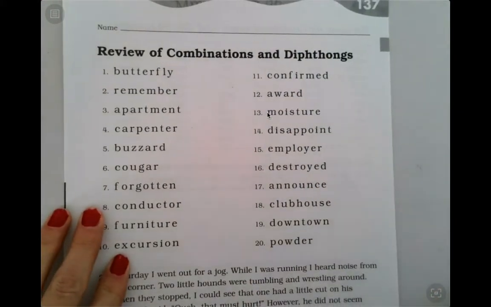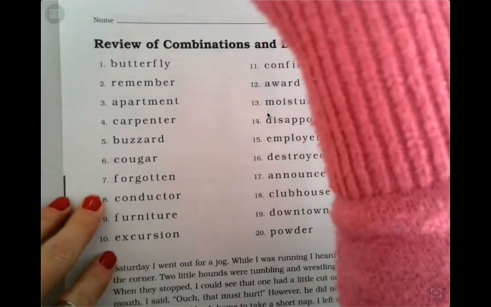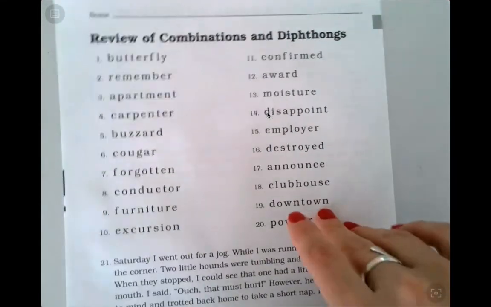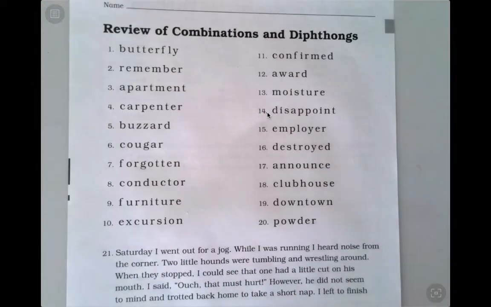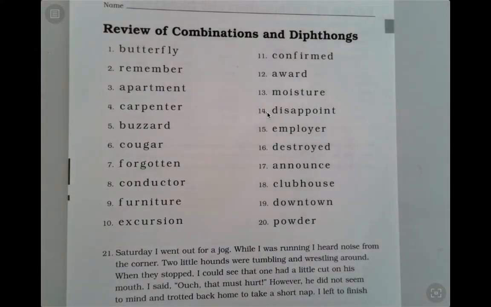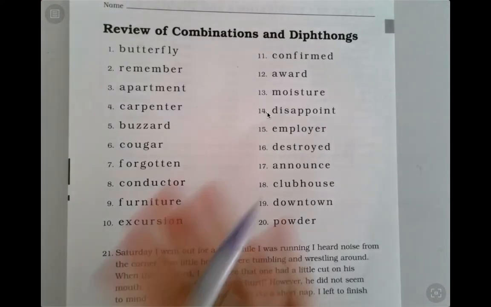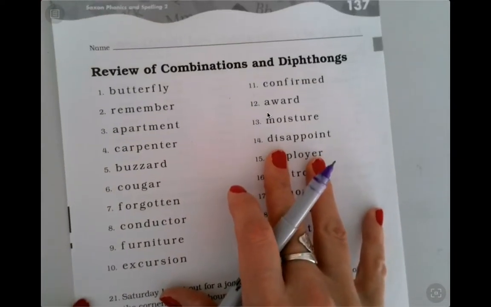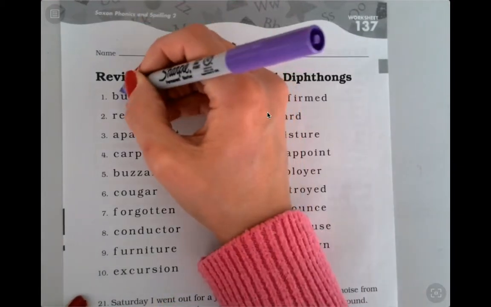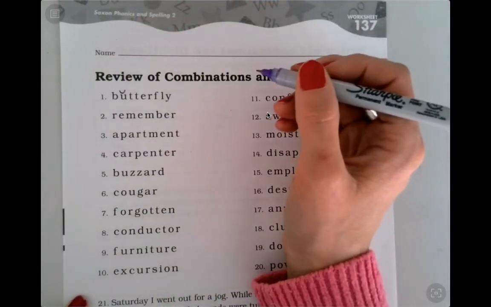Okay, so we have 20 words to code. So make sure you are paying attention so that you know how to code these. And I think I'm going to get color so you can see this better. Okay, so the first one is butterfly. I'm going to do our vowels first. So we have ba, like umbrella, so not short.